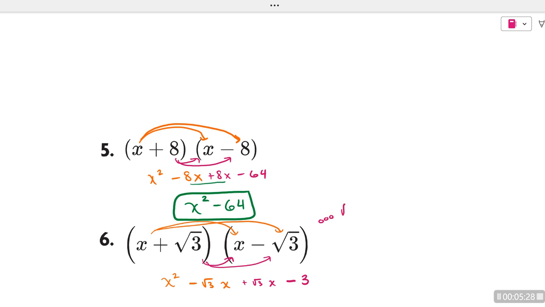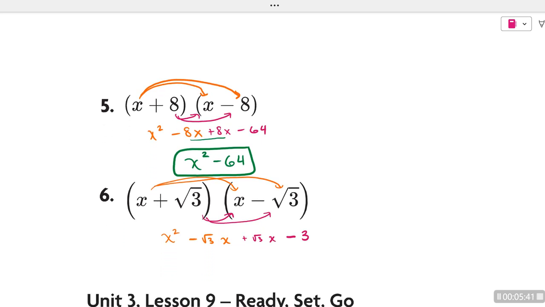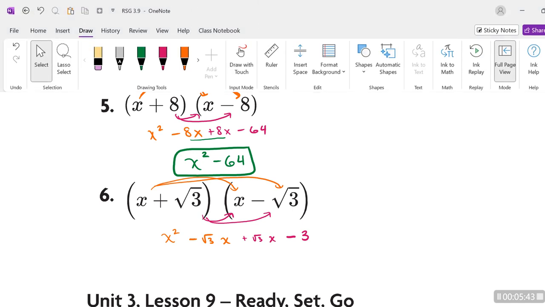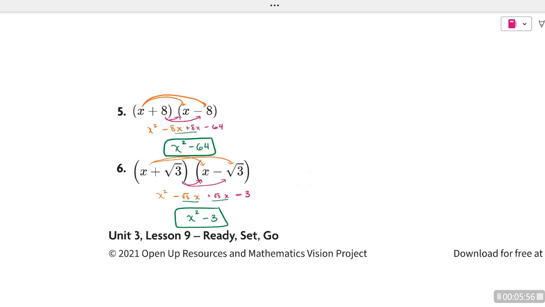If you want, you can think of it as root 9 first, and then get your 3. But if you multiply a square root by itself, the square root sign disappears. It undoes itself. So let's combine our like terms. Right here are our like terms. One's positive, one negative, so they add to 0. X squared minus 3 is our final simplified answer.